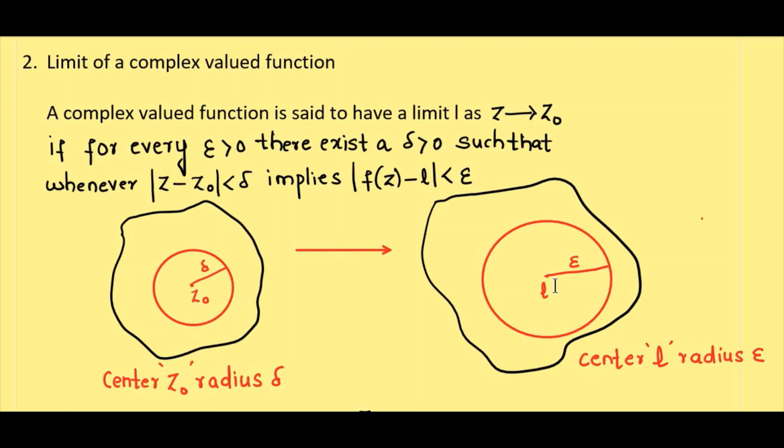It is not like in a real valued function. In a real valued function, we have to choose only the left hand as well as the right hand of that point. But here we can approach towards z0 from any direction. It need not be straight. You can choose any path. Similarly, you can choose any path that approaches towards L.